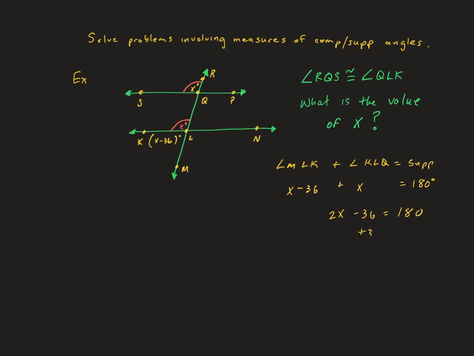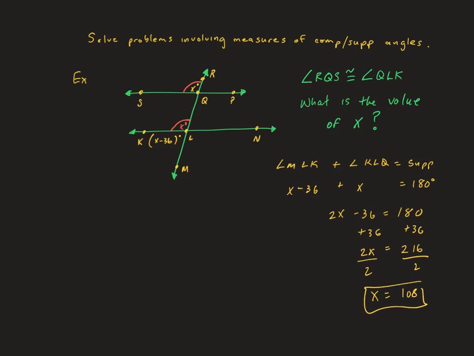Add 36 to both sides, 2x equals 216, and then divide by the coefficient, and x is going to be equal to 108.